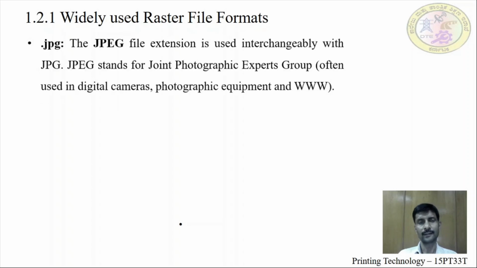JPEG stands for Joint Photographic Experts Group. The name itself says it can be used for digital cameras and photographic equipment, and it is most commonly used in worldwide applications. The JPEG format has less color information for printing, but for viewing purposes it is good.